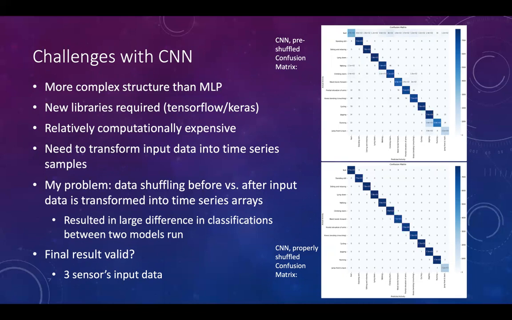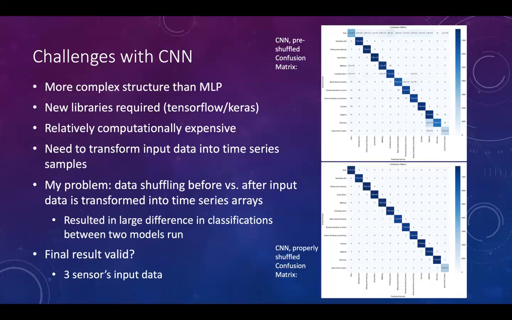And so the problem that I was alluding to earlier was that it created this discrepancy between the results of my initial CNN and my final CNN. It ended up being that the data was shuffled on the initial train test split for the first CNN prior to having changed that input data into time series samples.